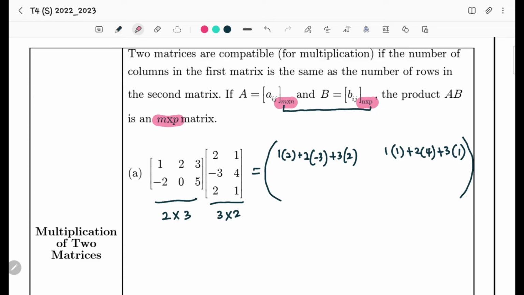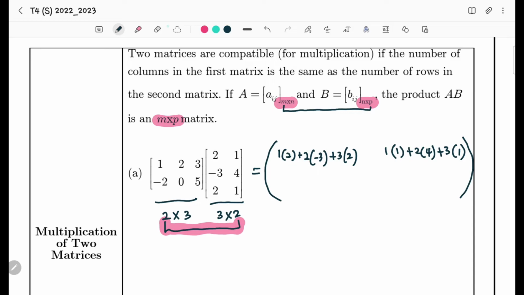So these matrices are compatible because the number of columns in the first matrix is the same as the number of rows in the second matrix. Okay, and the order of the product matrix will be a 2 by 2 matrix.